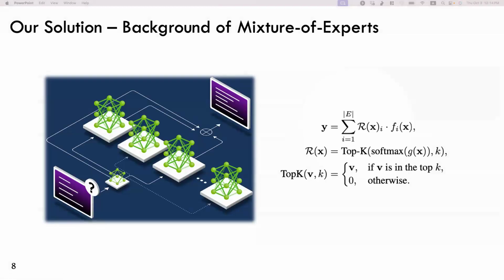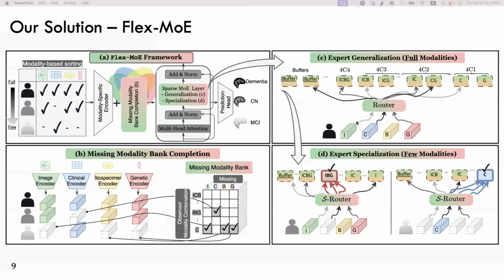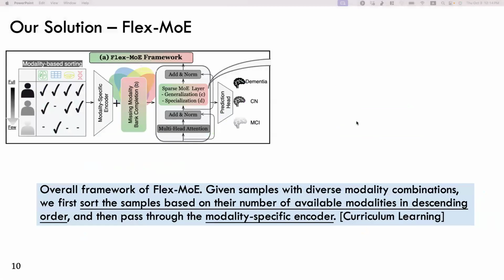Okay, then let's move forward to our proposed method. Our method contains 4 parts. No worries, there is a lot of information in the figure; I will go through it one piece at a time. First, we will build a flexible mixture of experts framework.